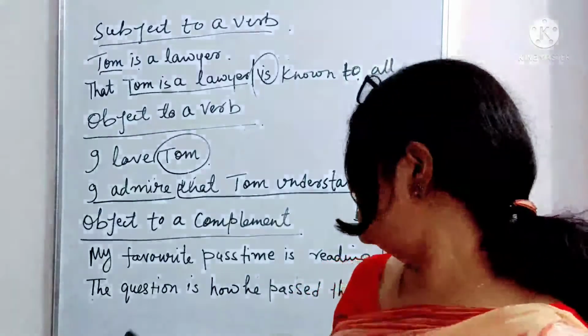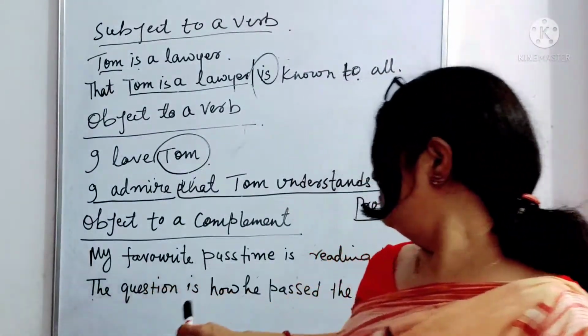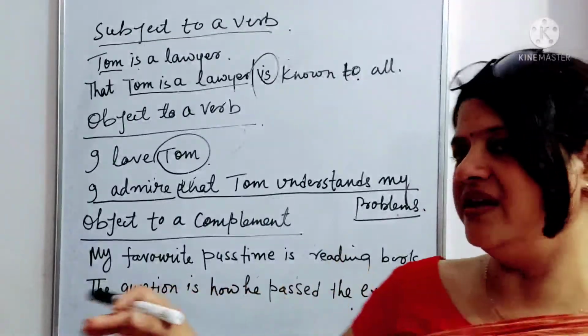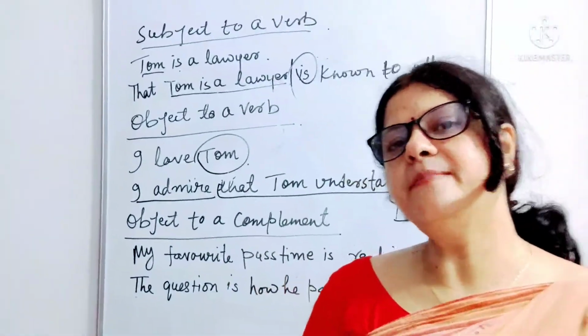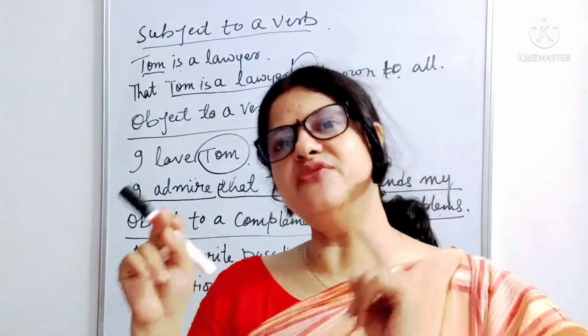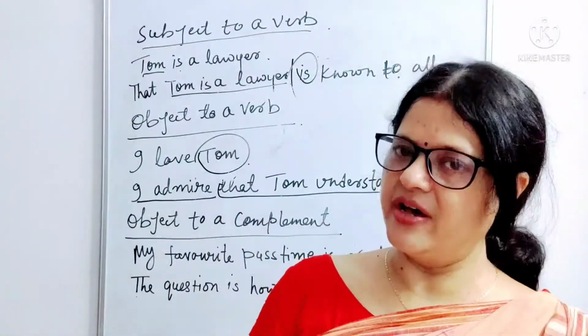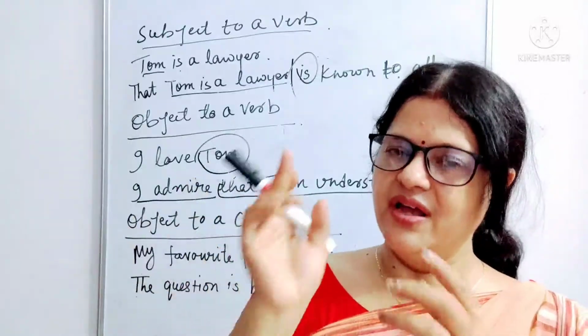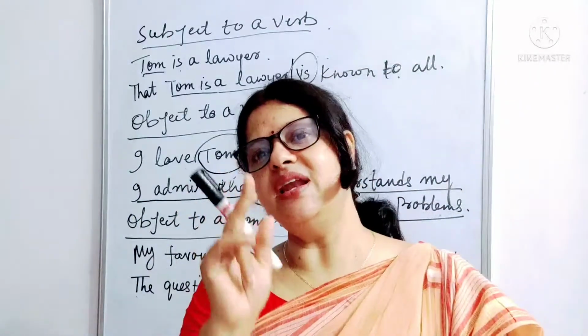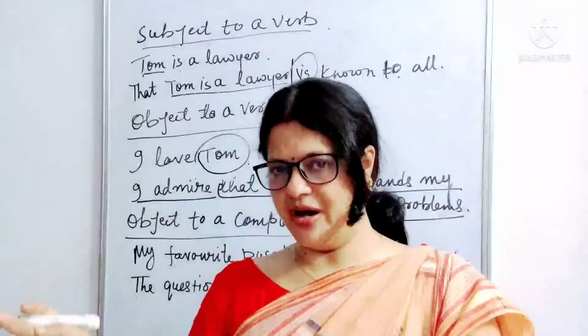Okay, now let's see, my favorite pastime is reading books. For example, if I say that Tom is a farmer, so here we see that is has come, it's working as a linking verb between Tom and farmer.